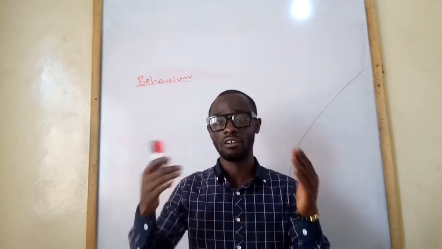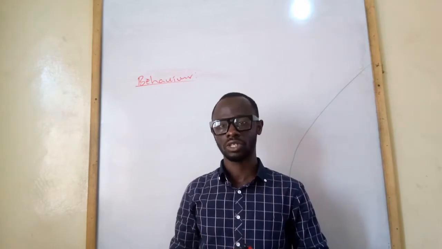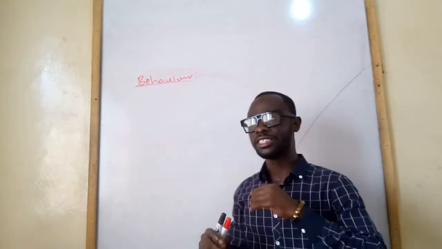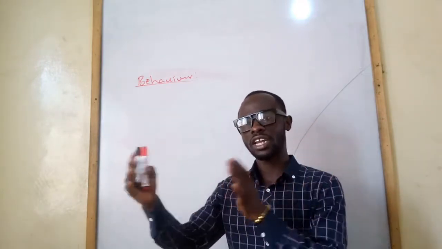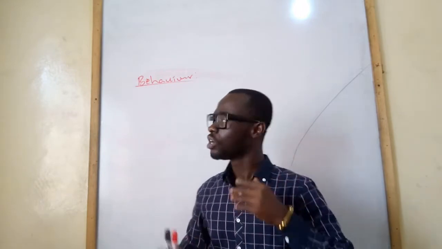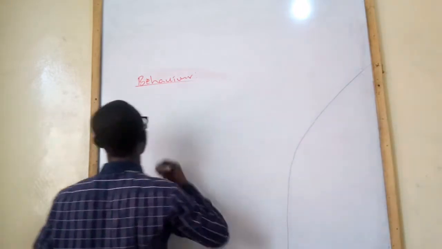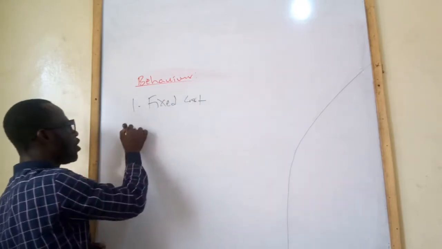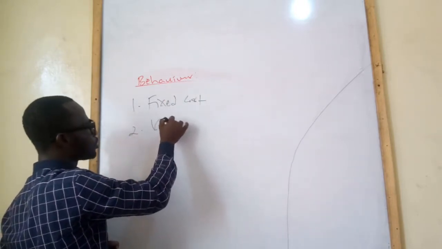Classification of cost according to behavior is where we classify cost in relation to how it varies with output levels. Or when we say classification of cost according to behavior, it simply refers to classifying cost according to how the levels of output change. So under this, we are going to have what we call fixed cost.